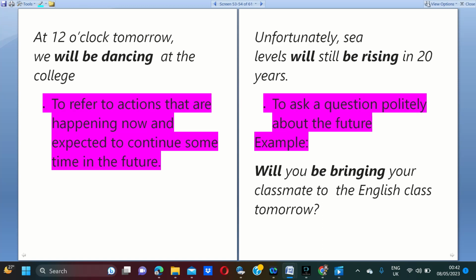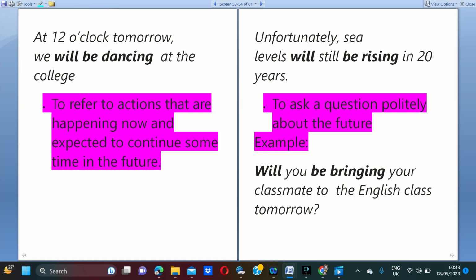Because of the melting of ice at the Himalayas or elsewhere, at many glaciers, and because of factors like global warming and the greenhouse effect. Sea levels are rising now, and they are expected to continue in the near future.